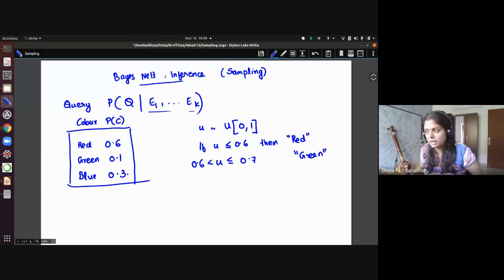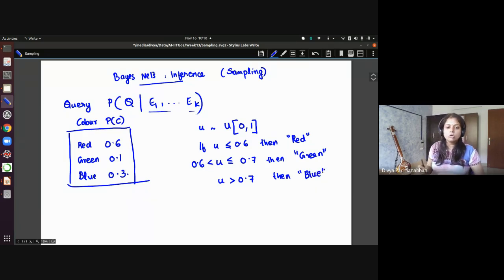I interpret the U as green. And finally, if U is greater than 0.7, then I interpret it as blue. Okay. So this is the way in which I can convert a value U between 0 and 1 to a sample: red, green, or blue.